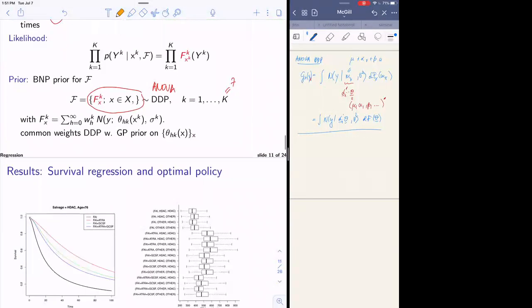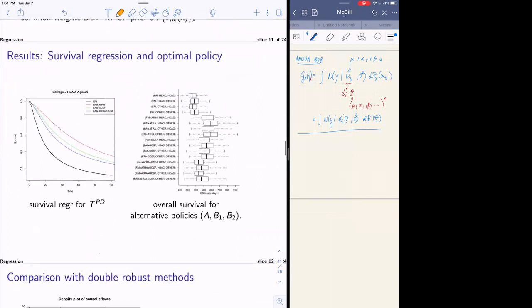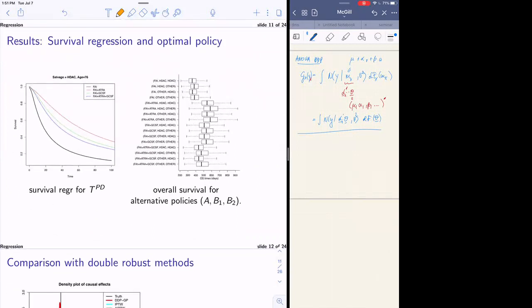So when we evaluate the likelihood for each patient, we simply evaluate the model for the actually recorded transition times on the basis of that likelihood and our ANOVA DDP for the 7 transition times. We get a posterior, and when all the smoke clears, in the end, we get a beautiful survival regression.